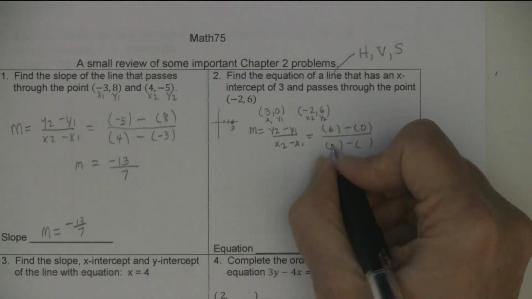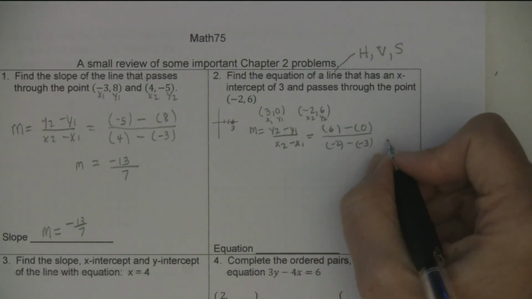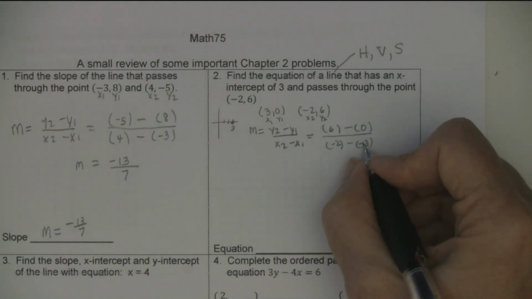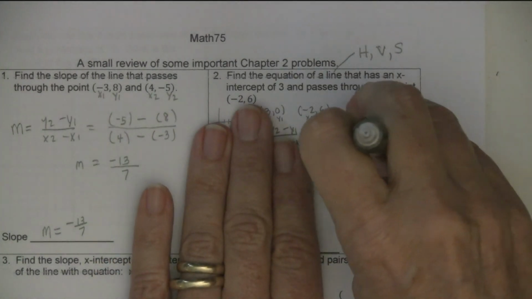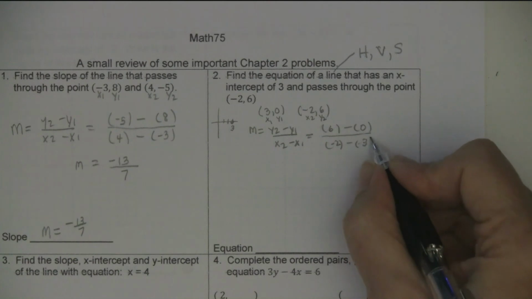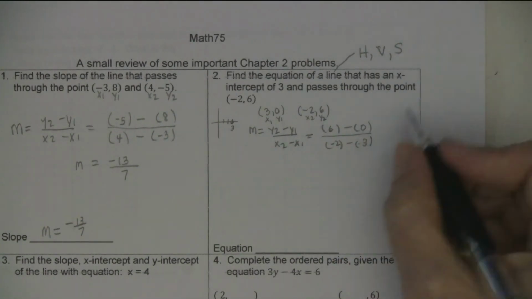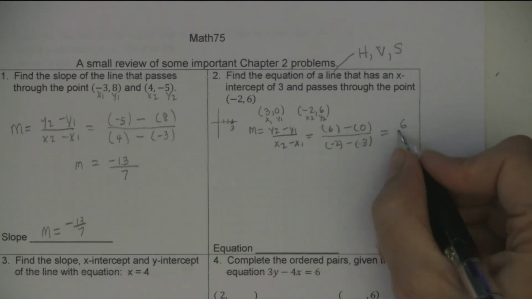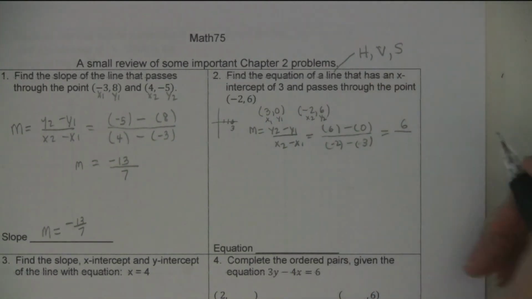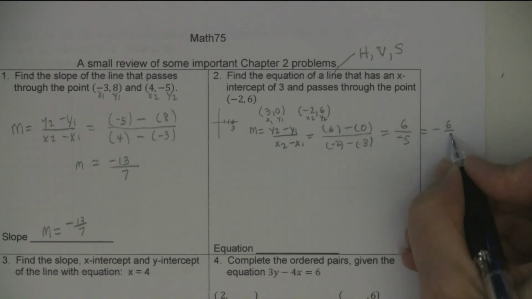And in the denominator, I have -2 take away 3. I wrote -3, and I don't know why I wrote -3, but I was like, wait, why do I have a negative there? So take away 3. I've now tried to erase the negative there. So in the numerator, I have 6, and in the denominator, I have -5. So my slope is -6/5.